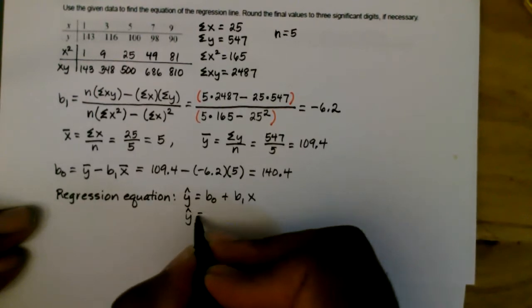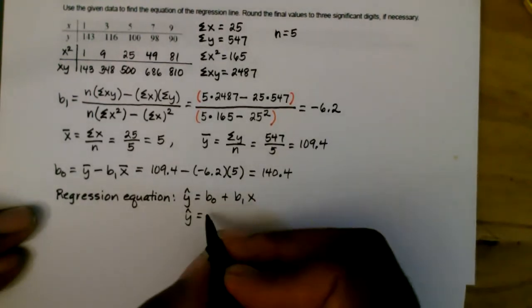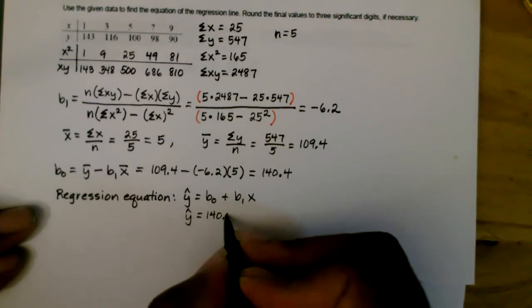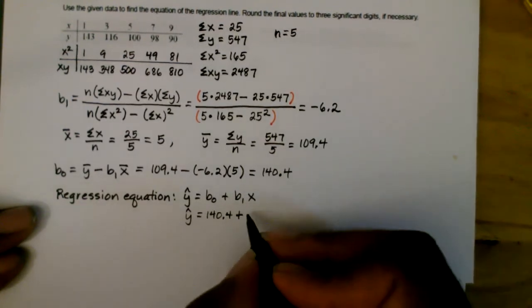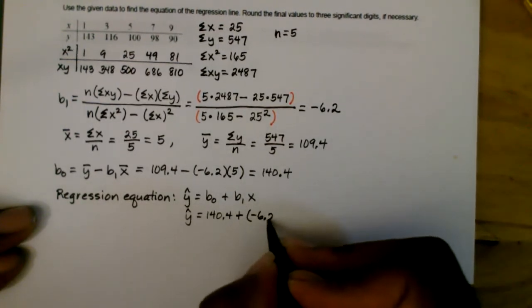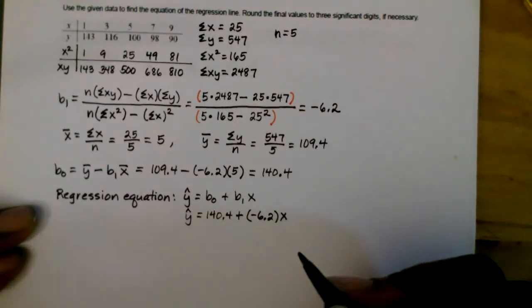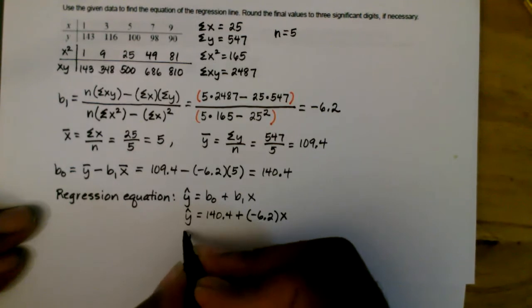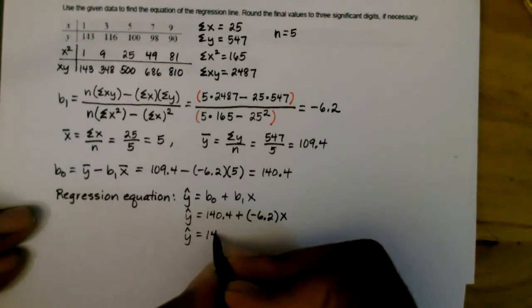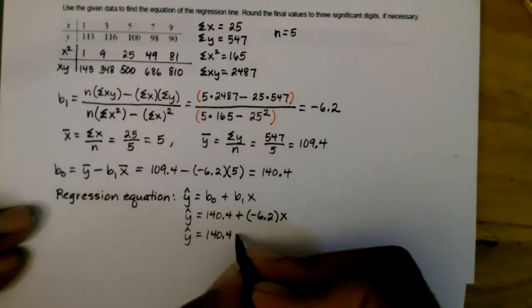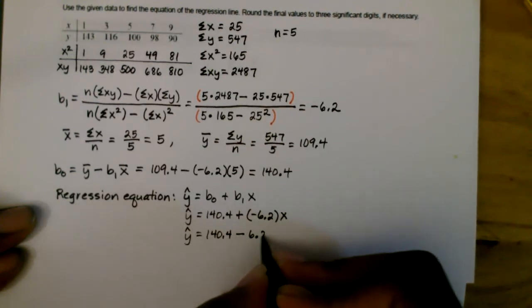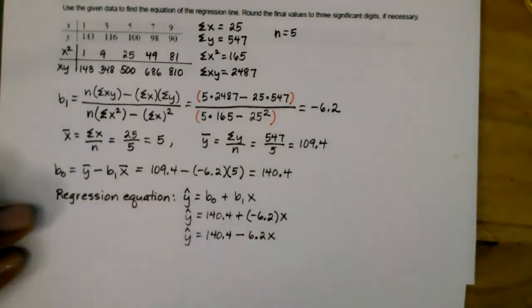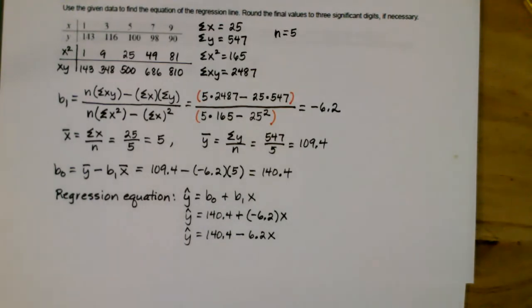So bring down the y hat, that's equal to b sub 0, that's 140.4, plus b sub 1, that's negative 6.2 times x. And another way you can write that is just say y hat is equal to 140.4 minus 6.2 times x. And this will be the regression equation for this data set.